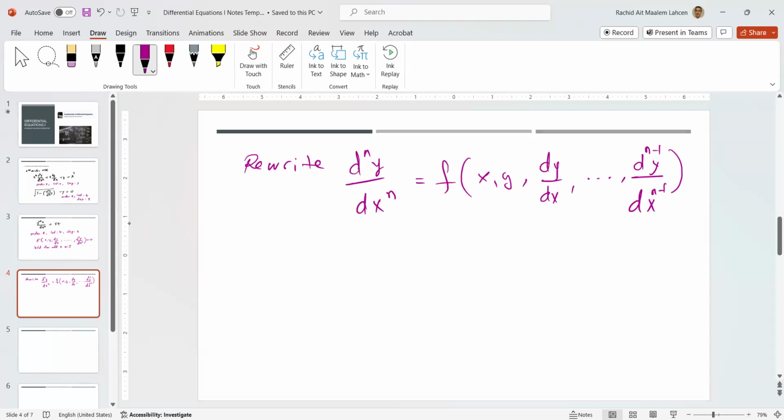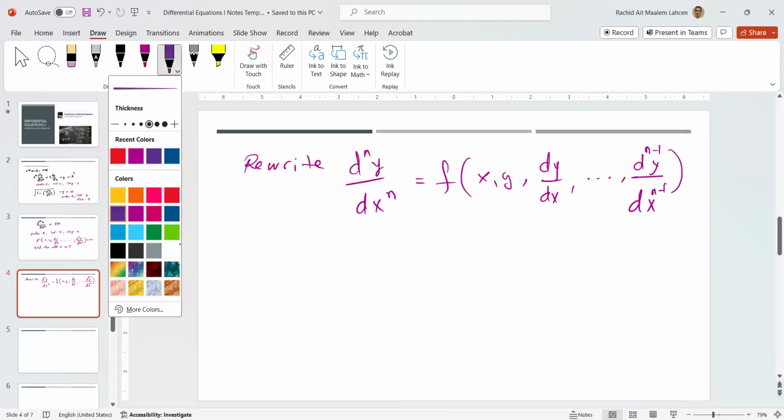So let's talk about a good definition, which is going to be called explicit solution.